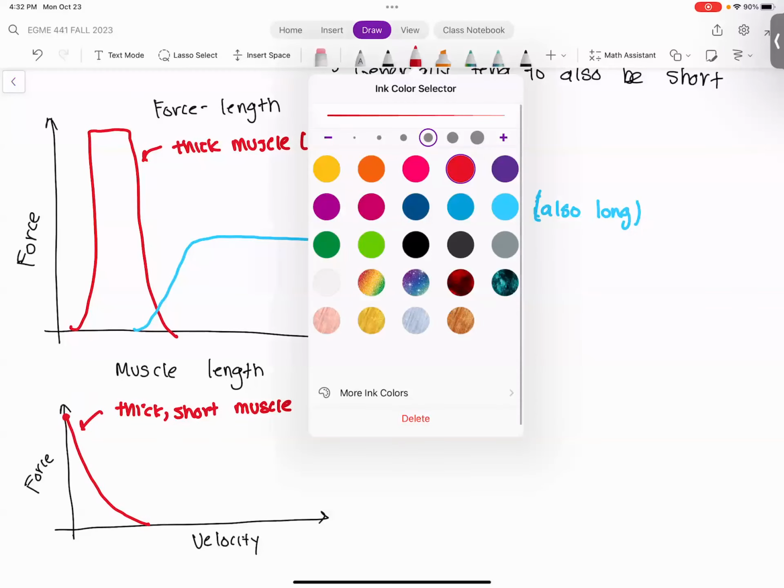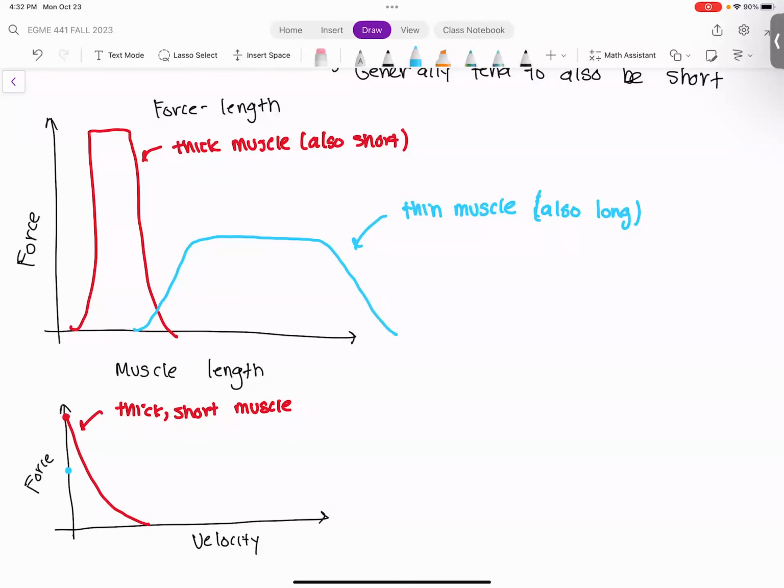Whereas the long, thin muscles may not have as high a peak force, but they can maintain that force over a larger range of velocities.